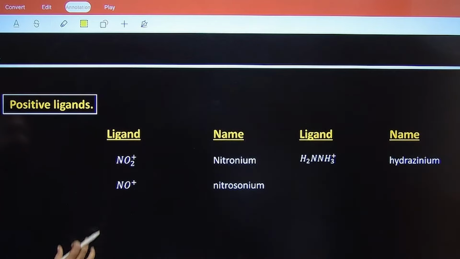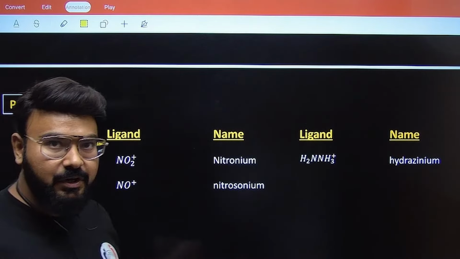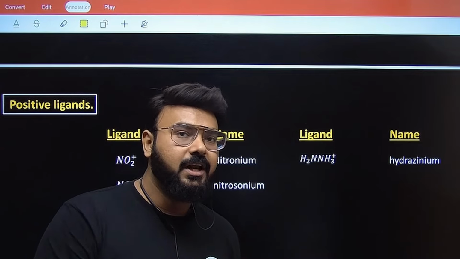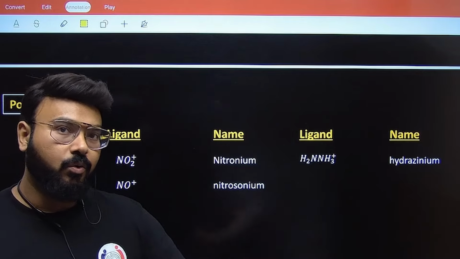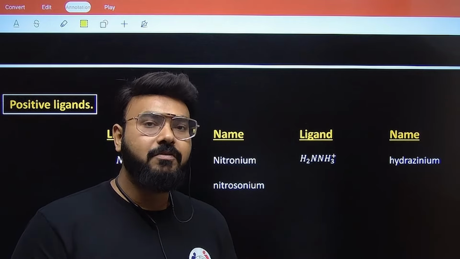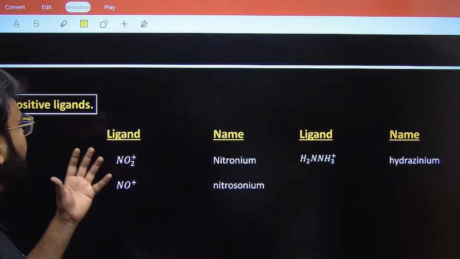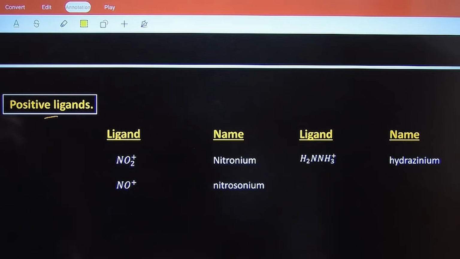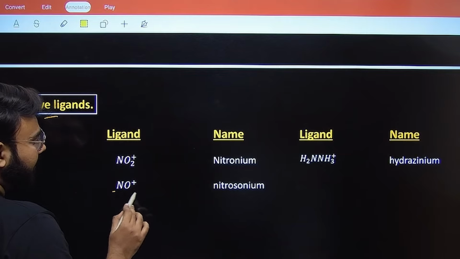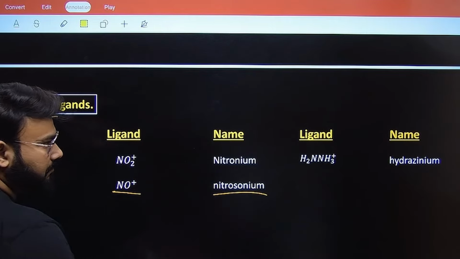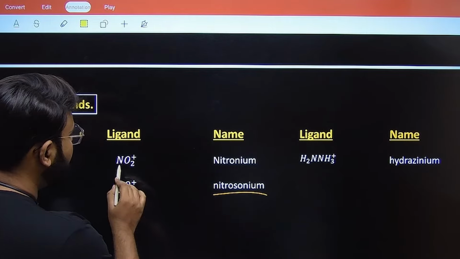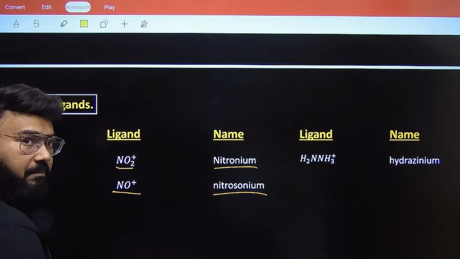And remember, in neutral or positive ligands, we don't remove the last alphabet and add the O. We do that only in the case of negative ligands. Next, we have positive ligands. Only a few examples are there. NO+ is nitrosonium. NO2+ is nitronium.